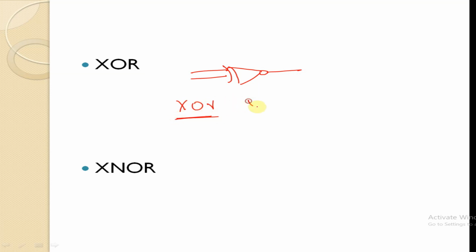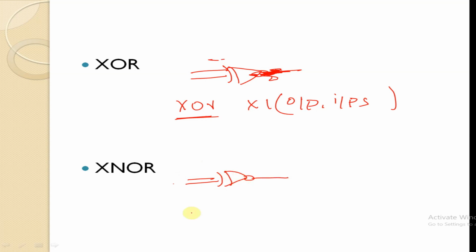The keyword is XOR followed by instance name, same, output followed by inputs. Sorry, this is not the symbol. Here the bubble should not be there. And for XNOR, the bubble should be present. The keyword is XNOR, outputs followed by inputs.